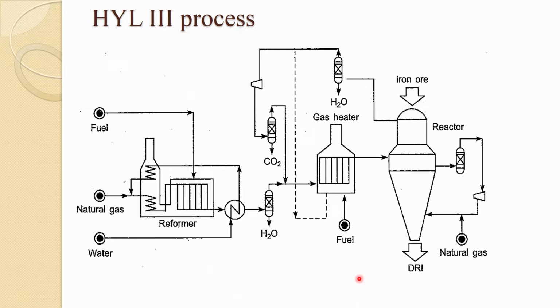So, this is a typical flow sheet of HYL3 process. So, as I said, reformer is the essential part of this natural gas based process. So, natural gas comes as fuel for heating it up.